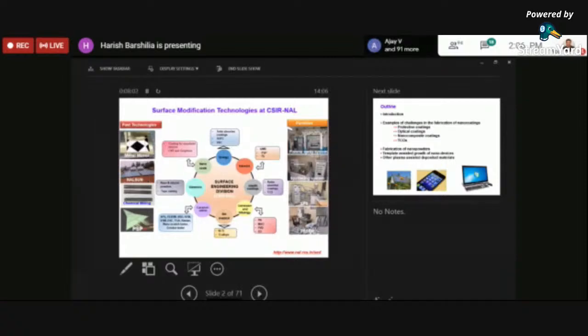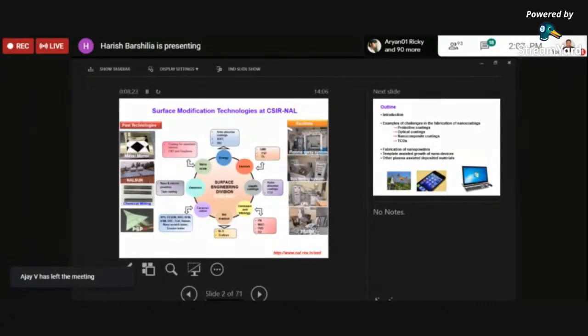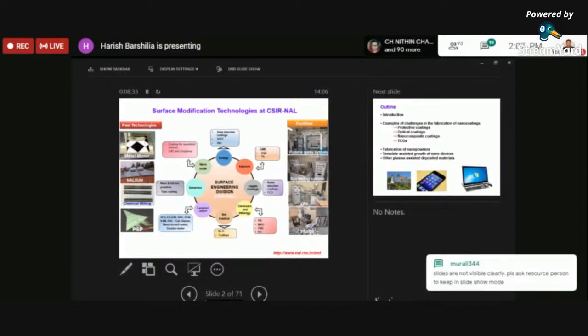We do some work on biomedical applications such as surface modification of titanium alloys for various prosthetic applications, and nickel titanium alloys for making artificial heart valves. Then we also work on various engineering aspects of nanopowders and micropowders. We have the capabilities to develop various oxide powders, nitride powders, and carbide powders.